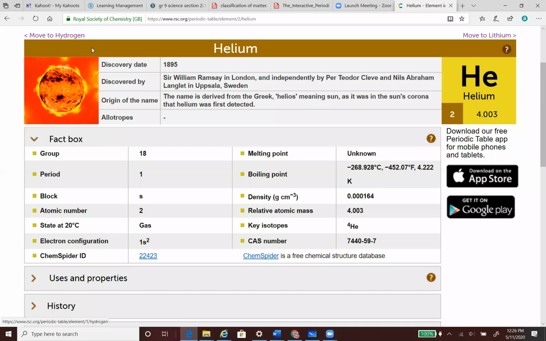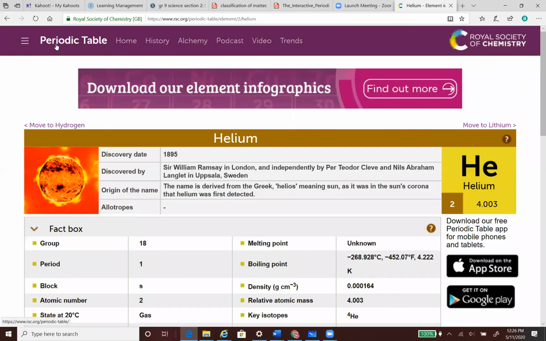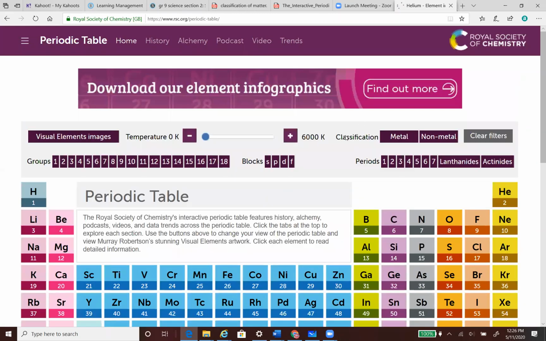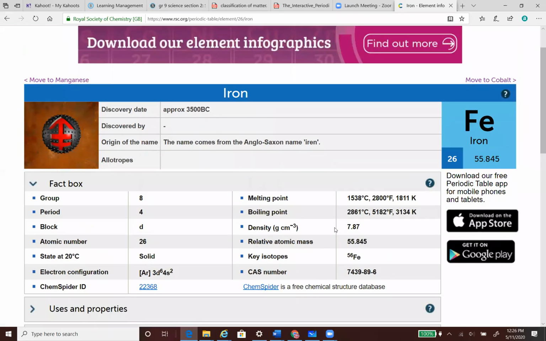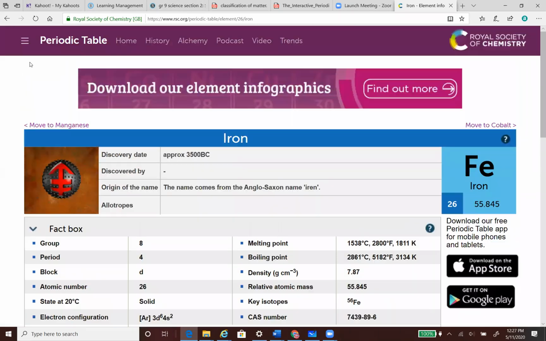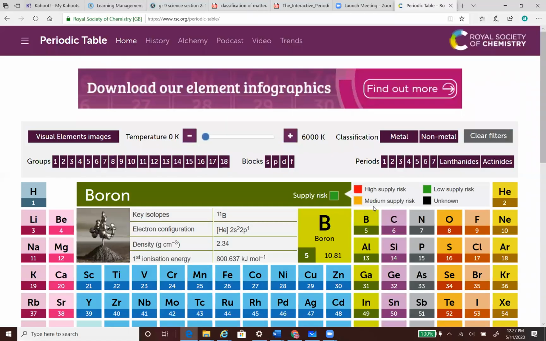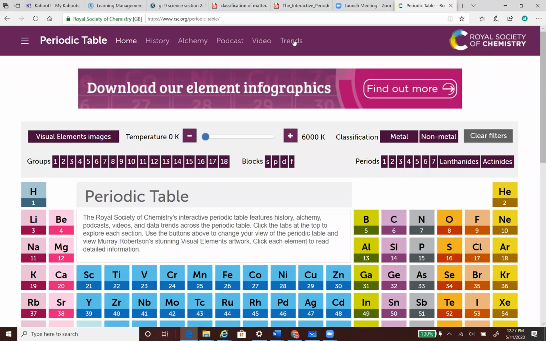But if I look at something in the middle, like iron, Fe, you can see iron has a density of about 7.87 grams per centimeter cubed. It's maybe about 1,000 or 10,000 times bigger than the previous number, though I can't exactly remember what the previous number was. The metals, in the middle of the table and on the left side, are the areas of highest density. There's a little thing we can click on here where it says trends.